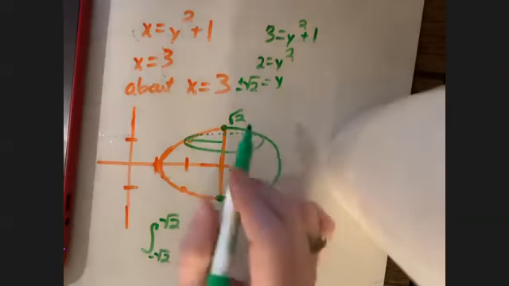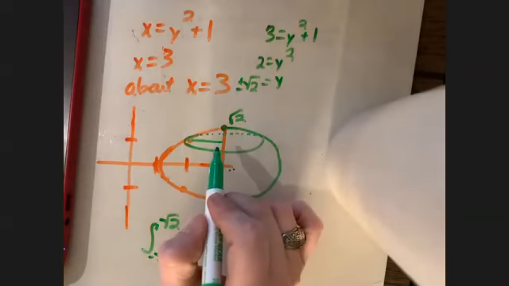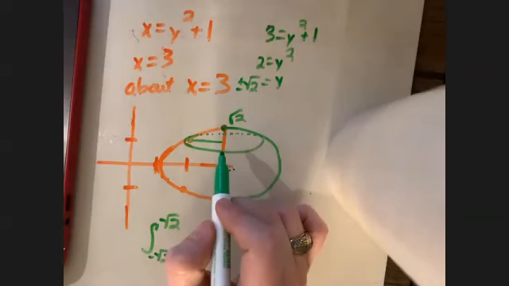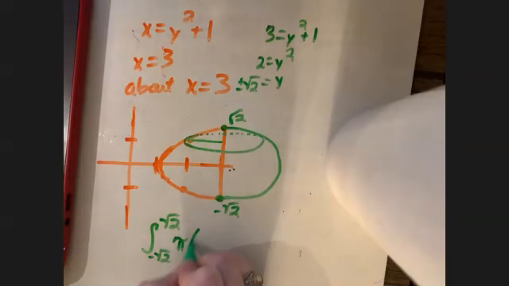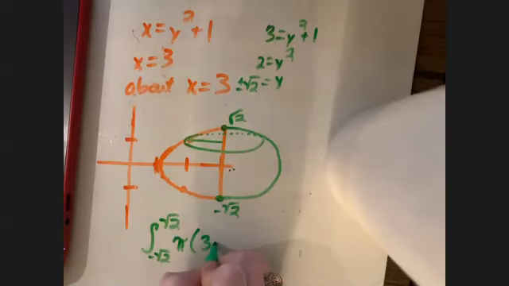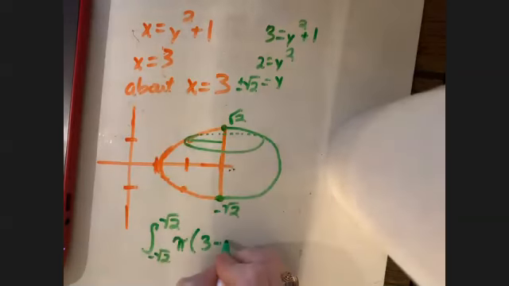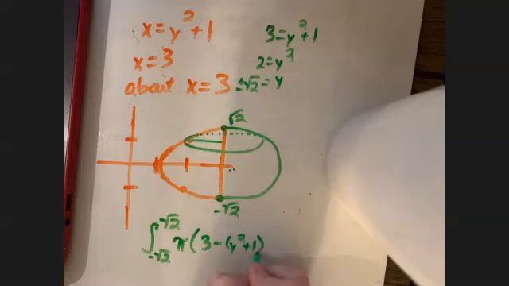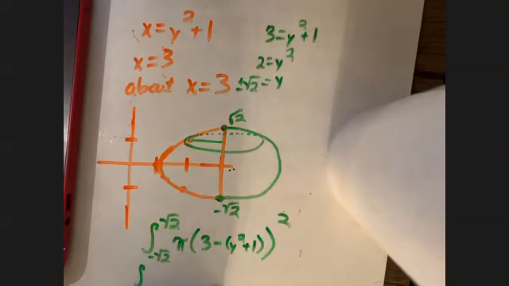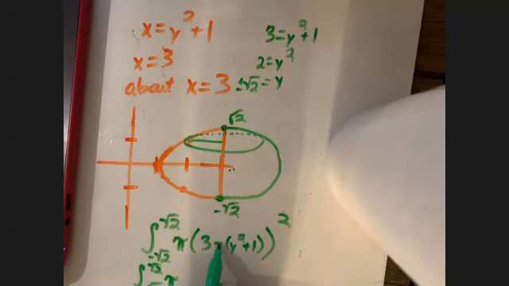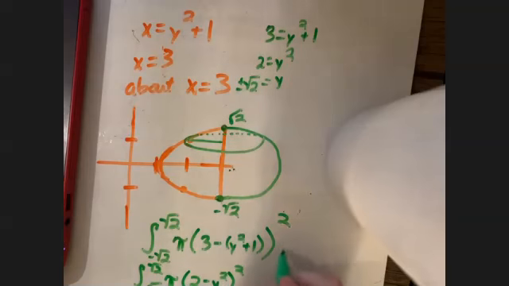The line is at 3 minus the closer one, y squared plus 1 squared. Okay, so let's clean this up. So it's going to be minus 1. So this is going to be 2 minus y squared, squared, dy. Sorry.